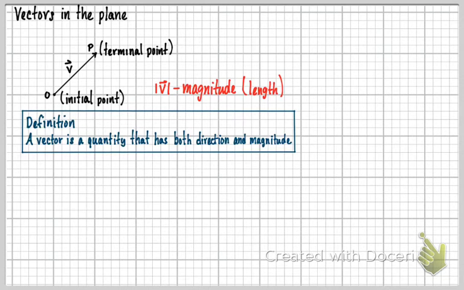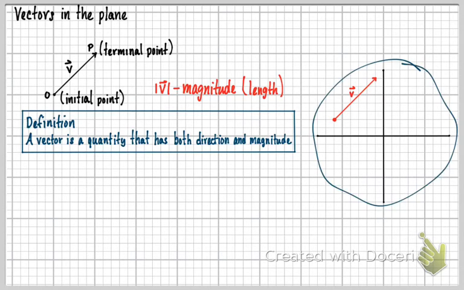Now we're going to talk about vectors on a rectangular coordinate system. Looking at this vector on the rectangular coordinate system over here to the right, we can put other vectors on there and talk about relationships, like this one, which I can call vector u.